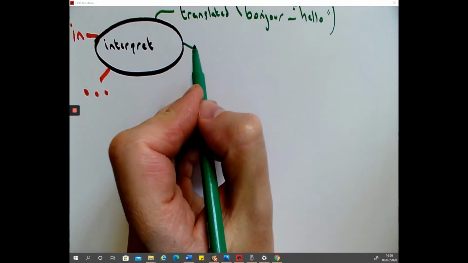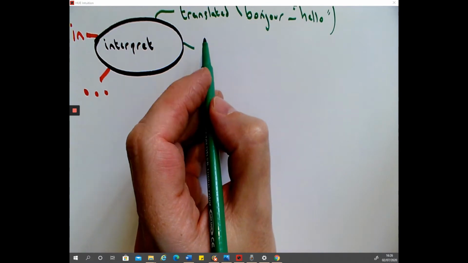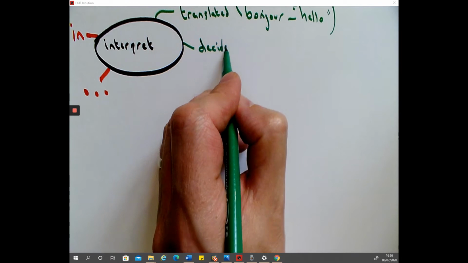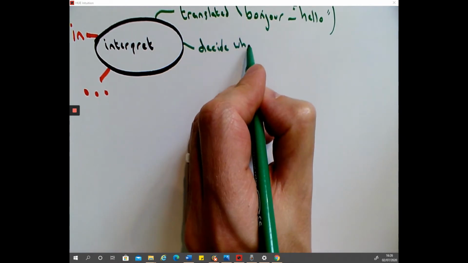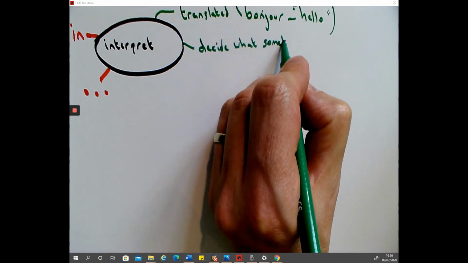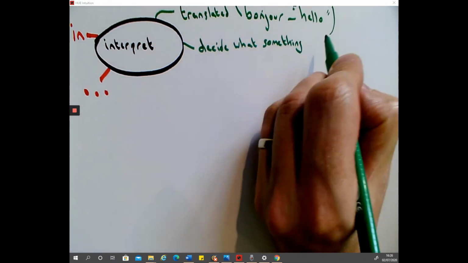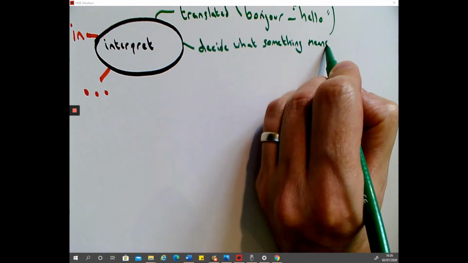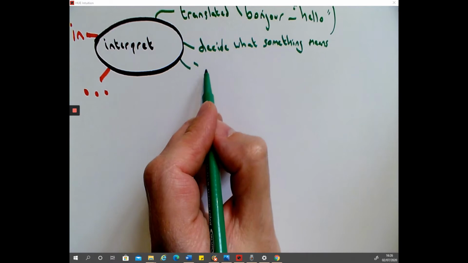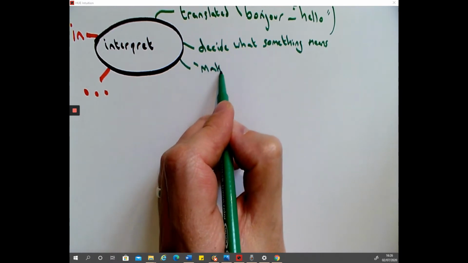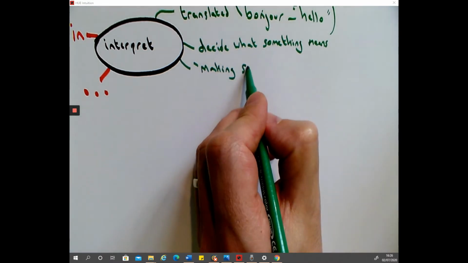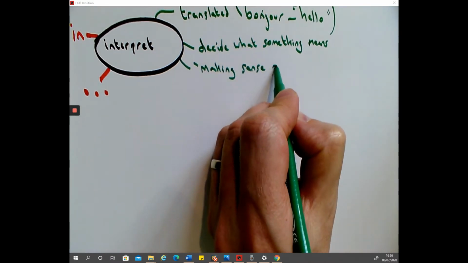Another one is often when we're asked to interpret something, we're being asked to decide what it means. Decide what something means. Decide how we understand it. When we're trying to understand it, you might hear people talk about making sense of something. When they're interpreting something, they're often trying to make sense of it.